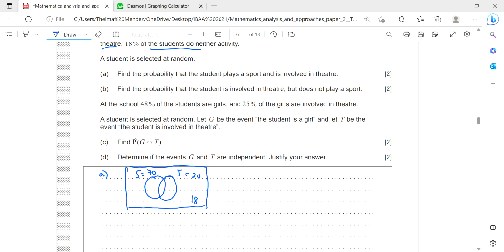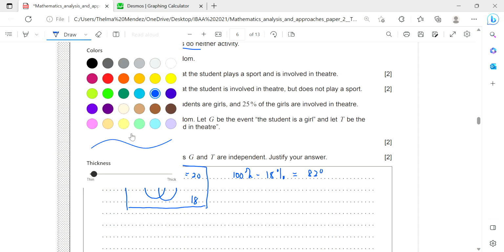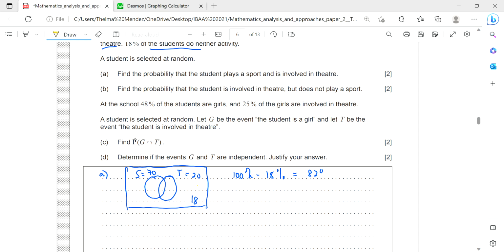So 18% would mean 100% minus 18% equals 82%. So this part comprises 82%.